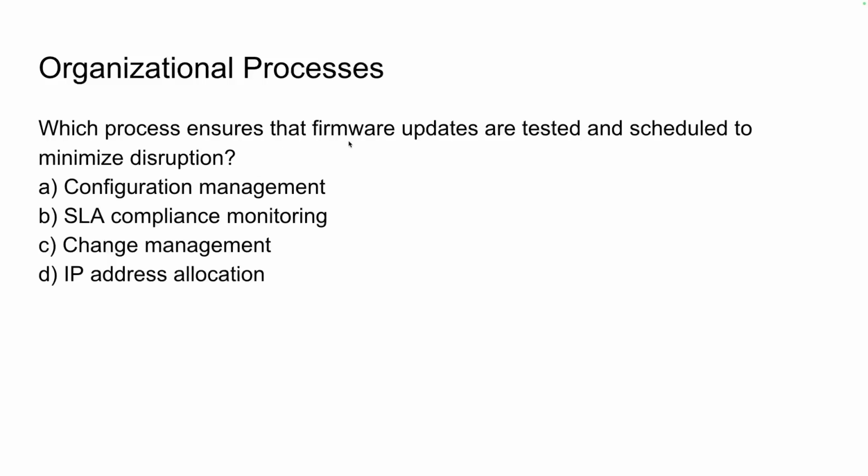Now, when we're talking about updating firmware, I think that actually falls under configuration. Change management is when you're trying to change a service provider, for example, or a specific process being done in the company. So configuration management would fall under the firmware update of software, right? But it says change management.